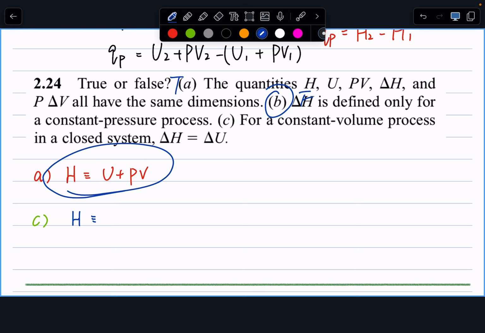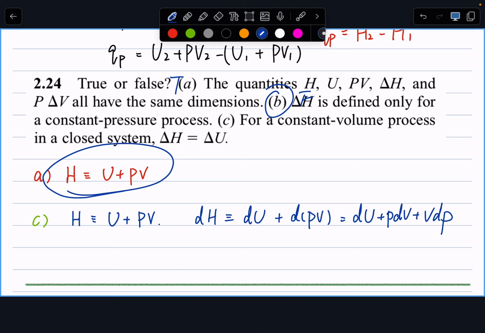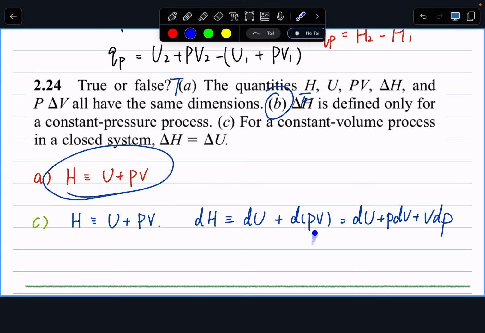Again, we have H equals U plus PV. If we take the differential on both sides of this definition, we get dH equals dU plus d(PV), which equals dU plus PdV plus VdP. This is just writing out the differential of the product of pressure and volume.